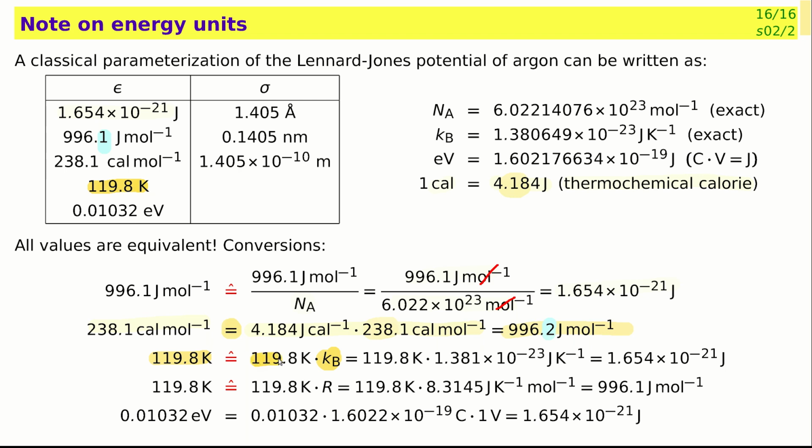But to convert, I simply multiply by the Boltzmann constant. Again, mention here that these units cancel out, and that's the trick. By the multiplication, I get again the energy.